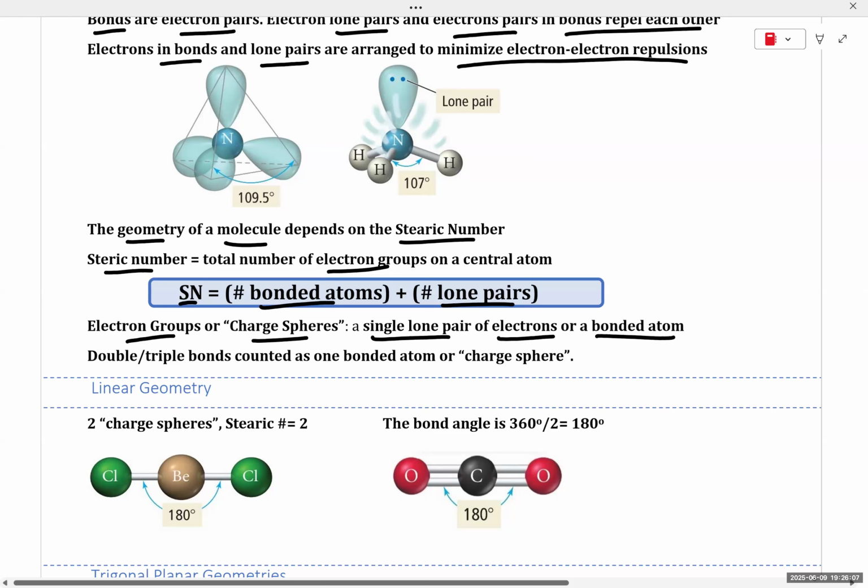Important to note, double and triple bonds are counted as one bonded atom or one charged sphere from the perspective of VSEPR theory. One other way to think about it, to tie this back to our prior discussions of hybridization, when you're looking at steric number, you're really focusing on the number of sigma bonds attached to a given atom.